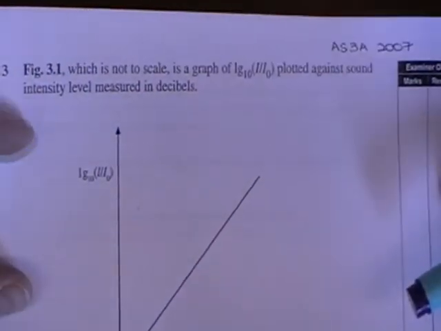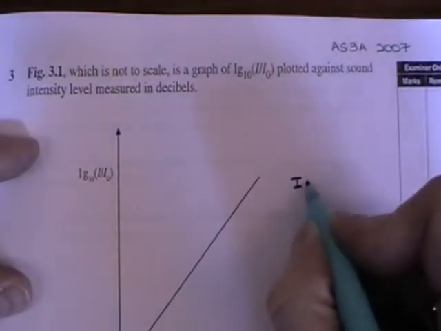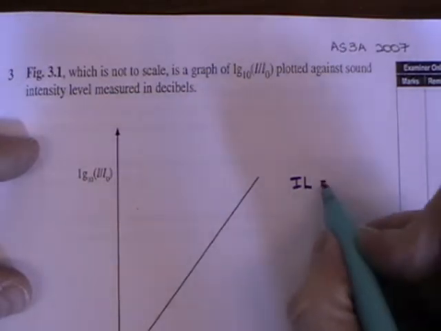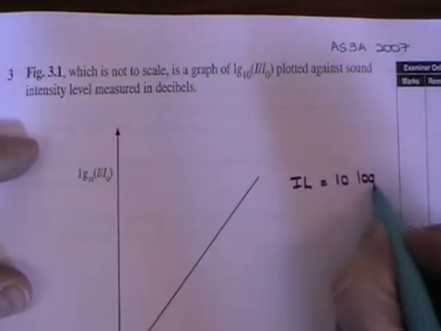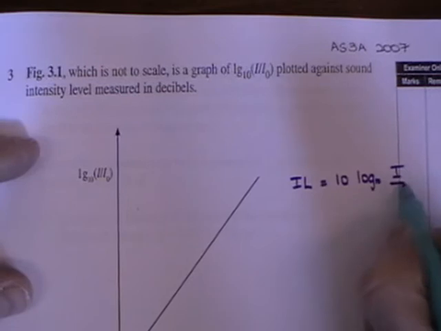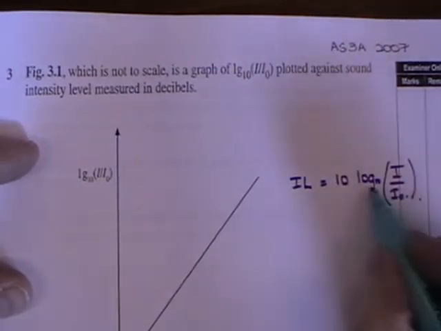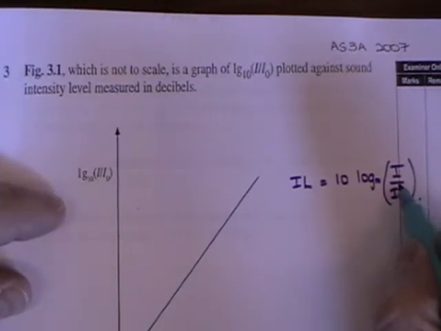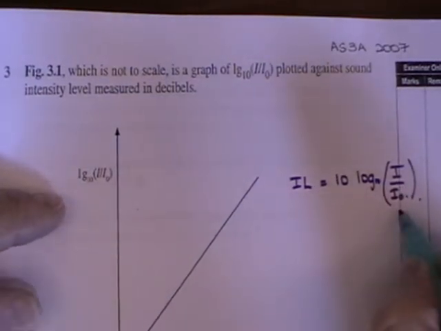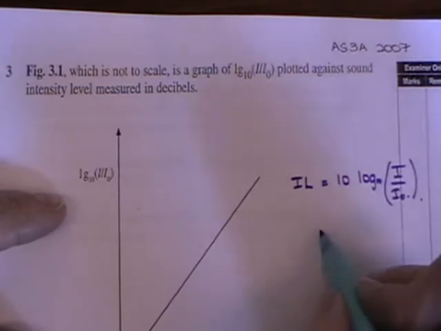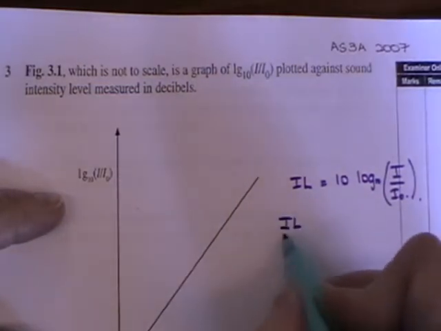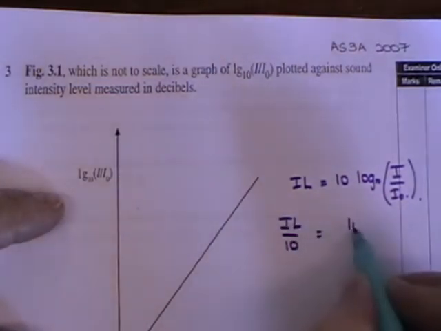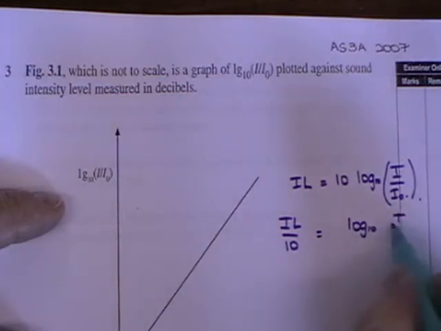So if we have a wee look there, our intensity level equation is equal to 10 log to the base 10 of I over I naught. Now we can see here that this is on the y-axis, so we need to make this the subject of the equation. To do that, all we have to do is get rid of the 10. So intensity level over 10 is equal to log to the base 10 of I over I naught.